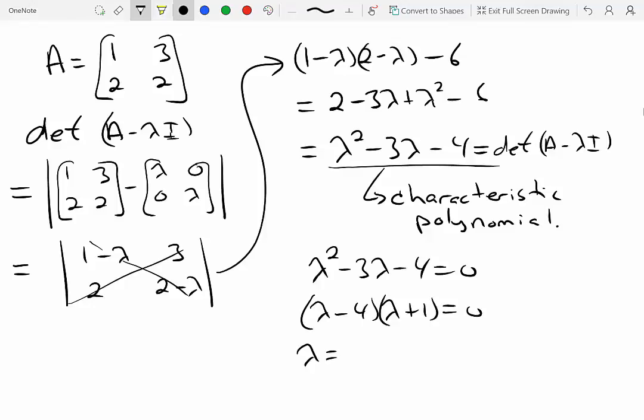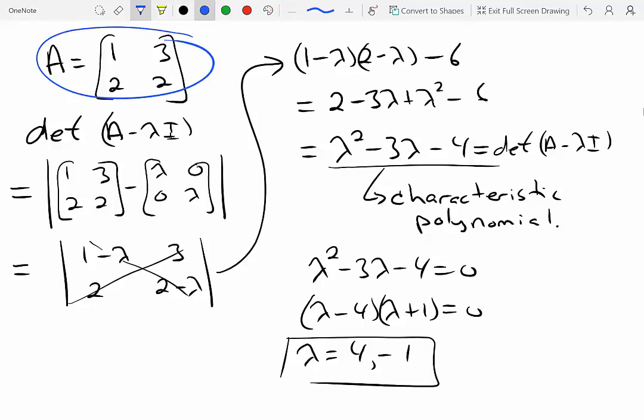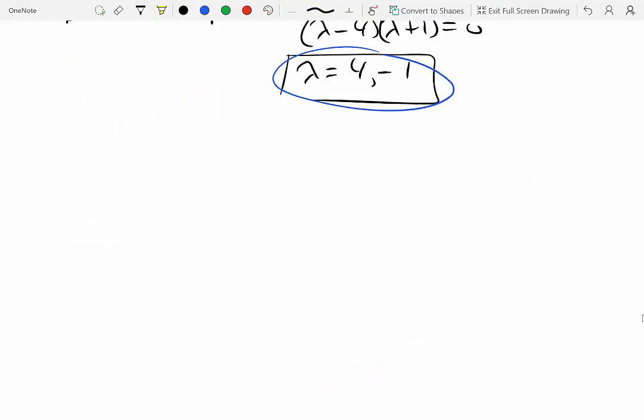And I get that lambda could be equal to 4, or it could be equal to negative 1. So that tells me that this matrix has eigenvalues of 4 and negative 1. So when I go back to thinking about my eigenvalue equation, which is Ax is equal to lambda x, what I have found is that there will be solutions when I let lambda equal 4 and when I let lambda equal negative 1.